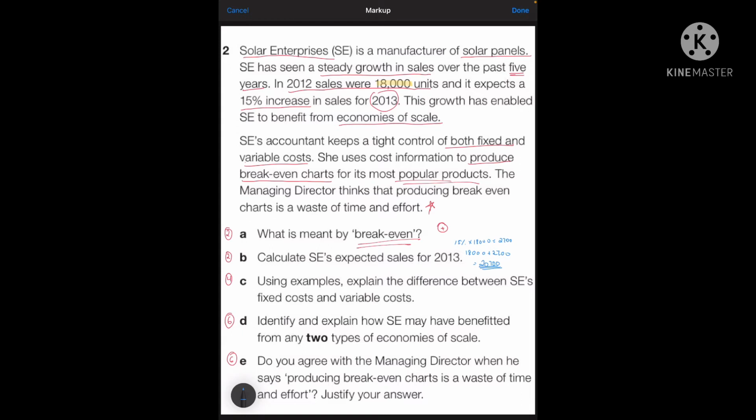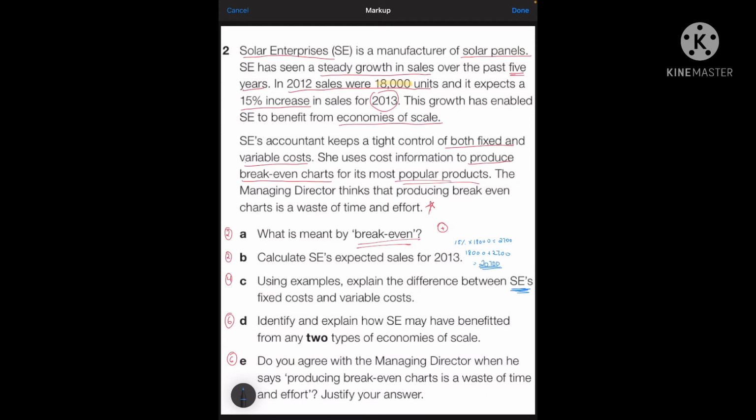Now using examples, explain the difference between SE's fixed cost and variable cost. So for this, it is 4 marks. The main thing over here is you have to relate your answer of fixed cost and variable cost to Solar Enterprises, since they have clearly mentioned here between SE's fixed cost and variable cost.